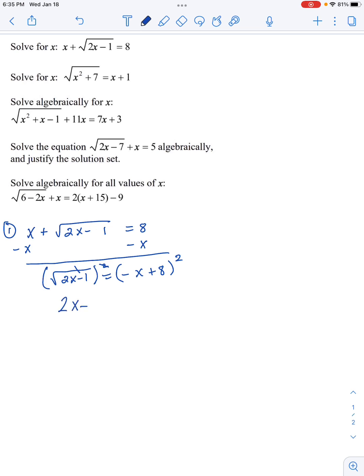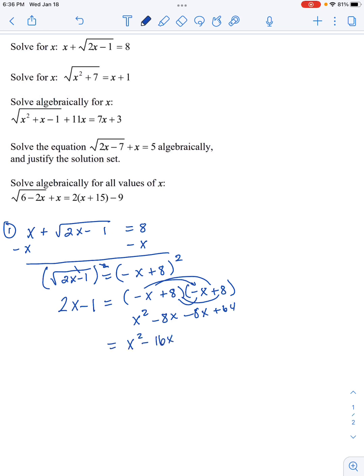So we're left with 2x minus 1 equals, we have a binomial squared, so we need to rewrite it and use FOIL. So here when we multiply, we get x squared minus 8x minus 8x plus 64, which is going to equal x squared minus 16x plus 64 equals 2x minus 1.